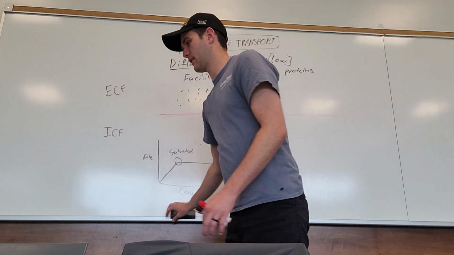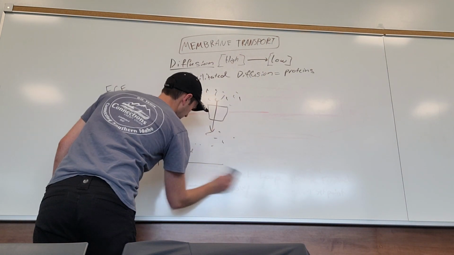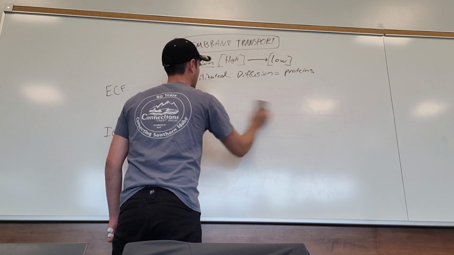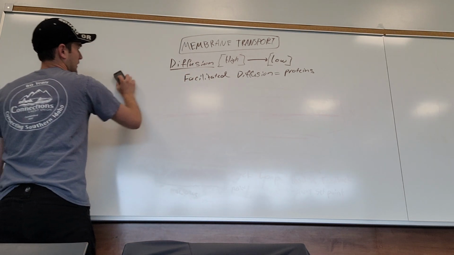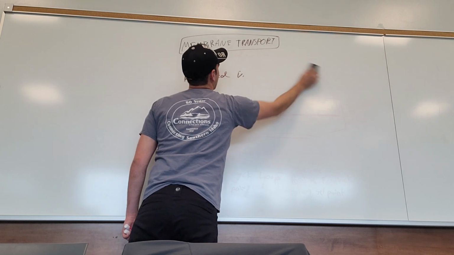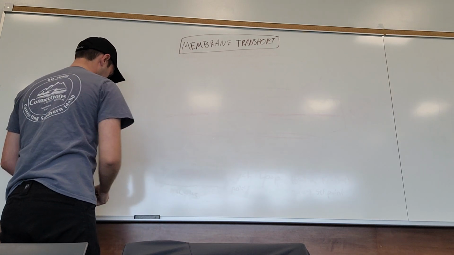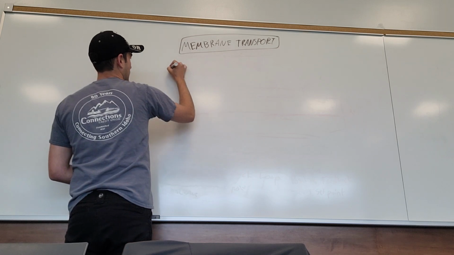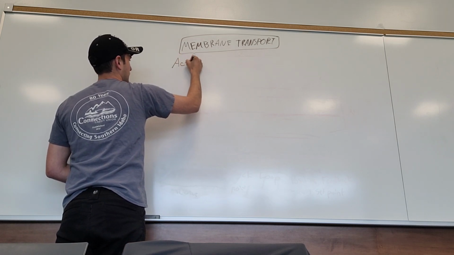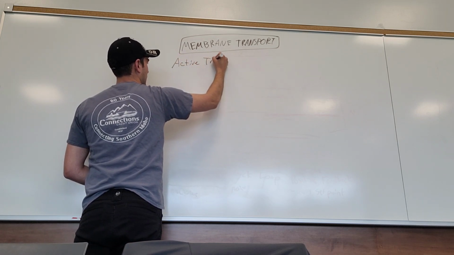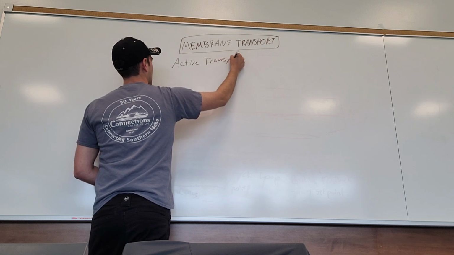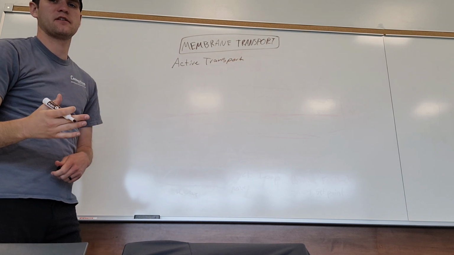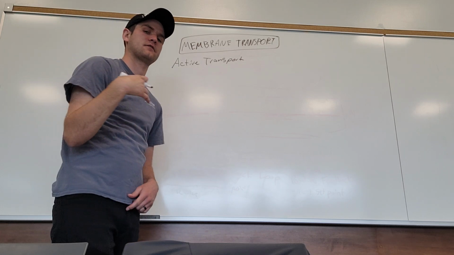So now we're going to talk about transports. Let me get all this erased here. Okay, so we're going to talk about what's called active transport. With diffusion, we wanted to move solutes from a high concentration to a low concentration.